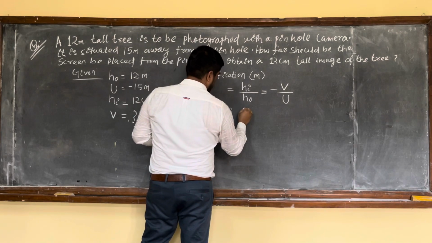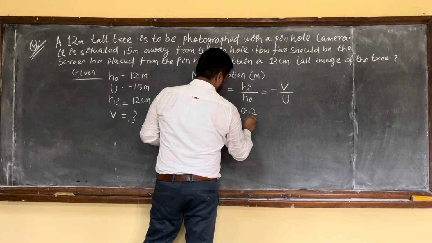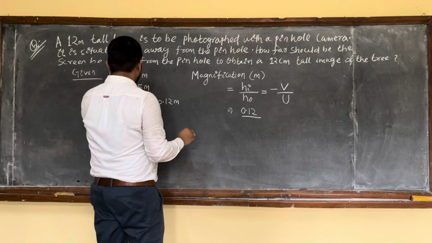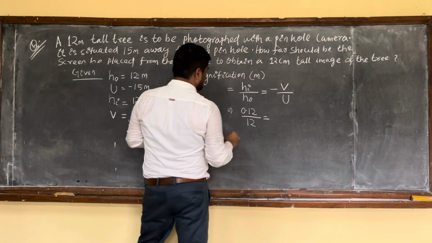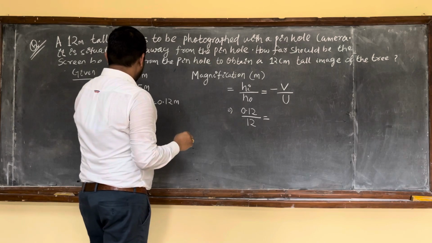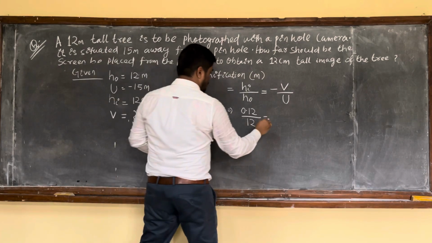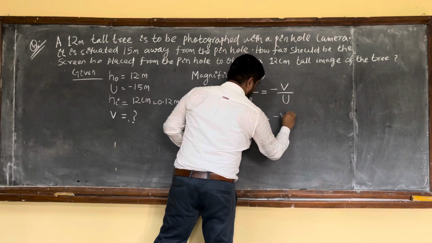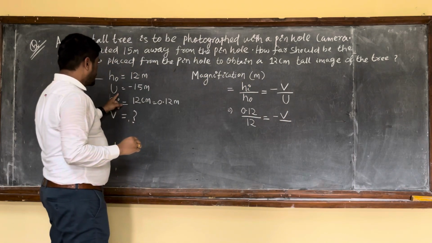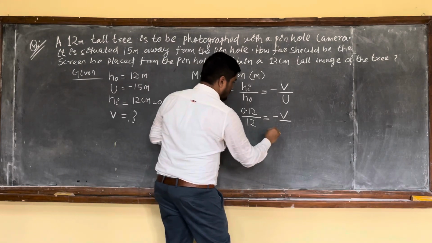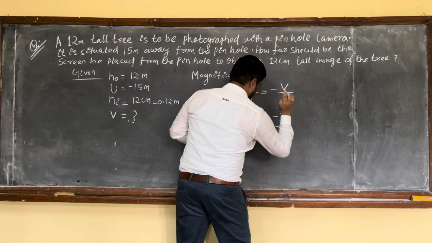So you can write 0.12 divided by height of object, which is given 12 meter, that is equals to, you have to find out V, so this will be minus V divided by U, which is given minus 15 meter, minus 15.